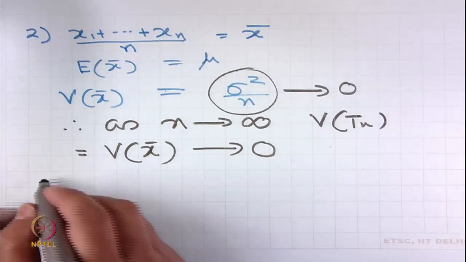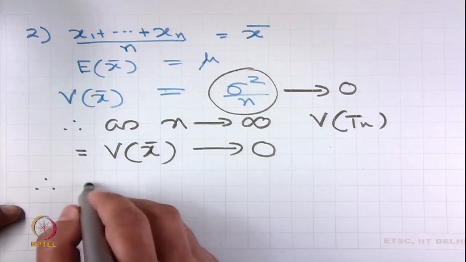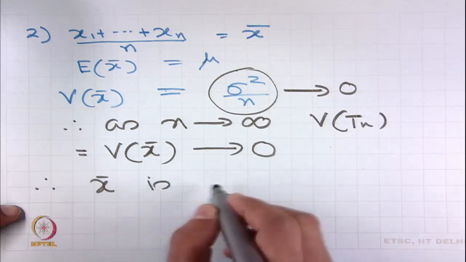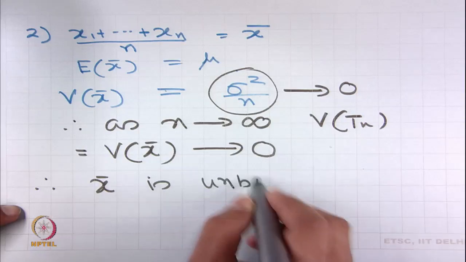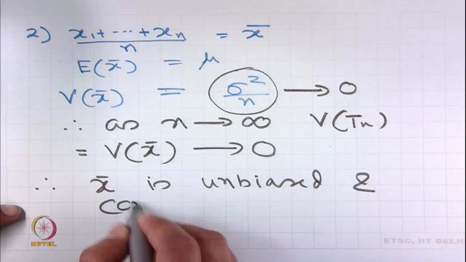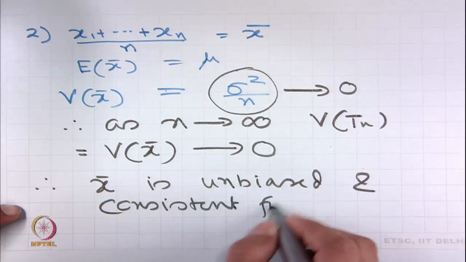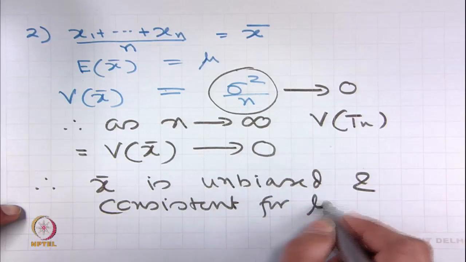Therefore, by the above theorem, x bar is unbiased, but that is not important; what is important is that it is consistent for mu.